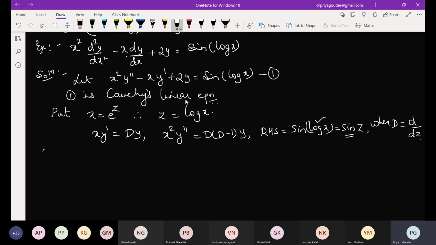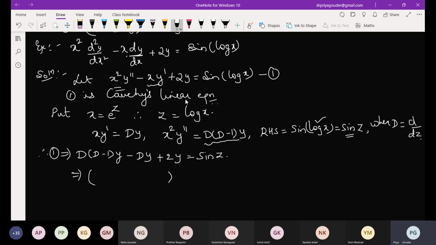Let us substitute all these changes in equation 1. What is the value of x square y double dash? D into D minus 1 into y. And x y dash is D y, plus 2y, equal to sine of log x, which is sine z.